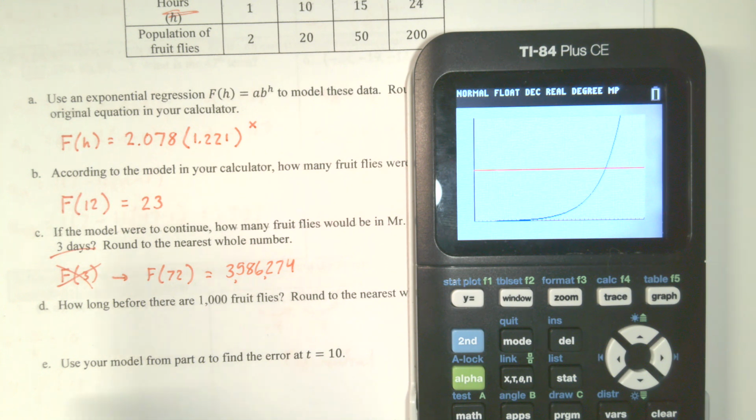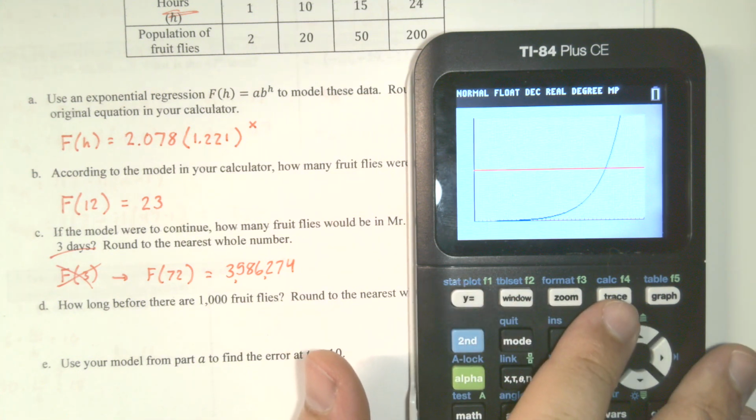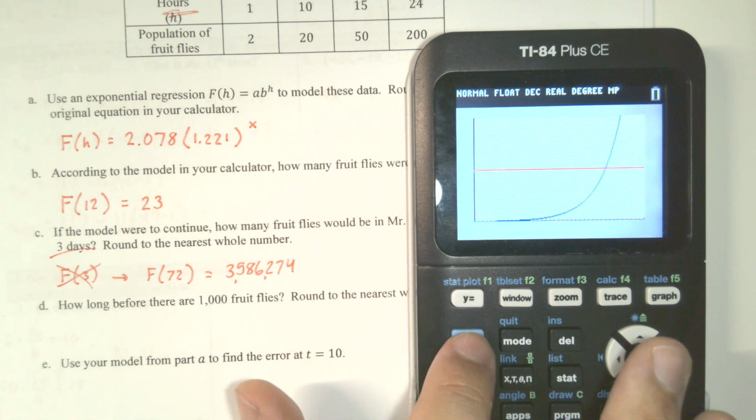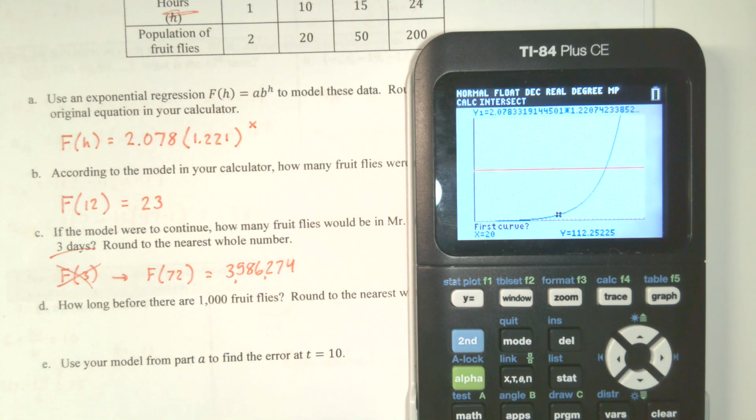And there we go. So what we're trying to do is find the intersection of these two curves. The reason we put in 1,000 is we're trying to figure out where this exponential function is equal to 1,000. So we're going to use second trace, which pulls up calculate, and we want to find the intersection. Our first curve is already here in blue. Our second curve is here in red.